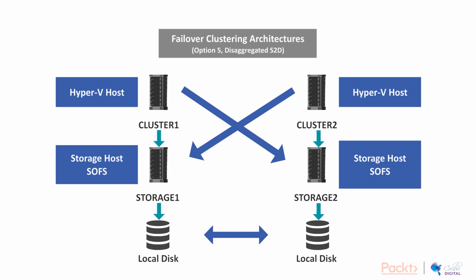So the nodes are attached then to local disks, which are replicated with Storage Spaces Direct. And so if you're familiar now with option 3, option 5 is just simply ripping out the entire remote SAN infrastructure and replacing it here with local disks that are replicated with Storage Spaces Direct.